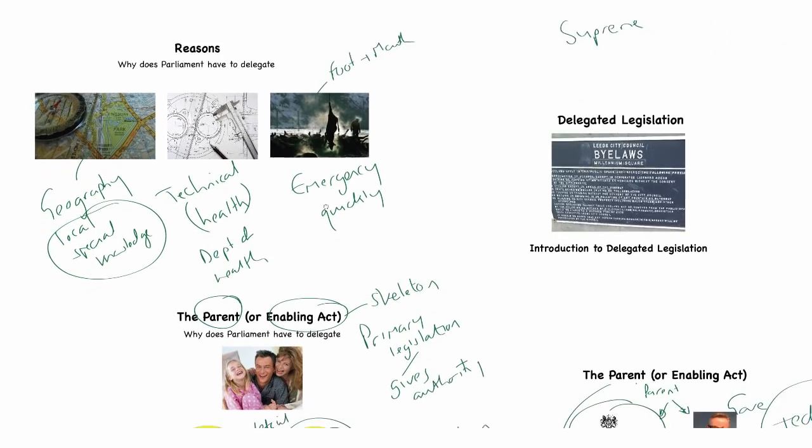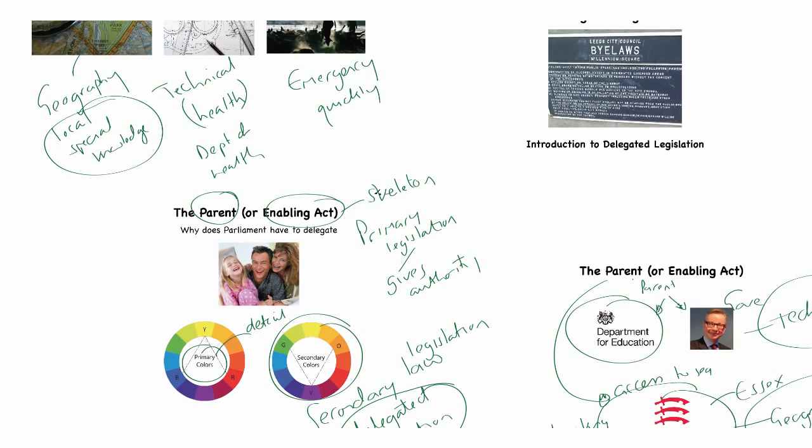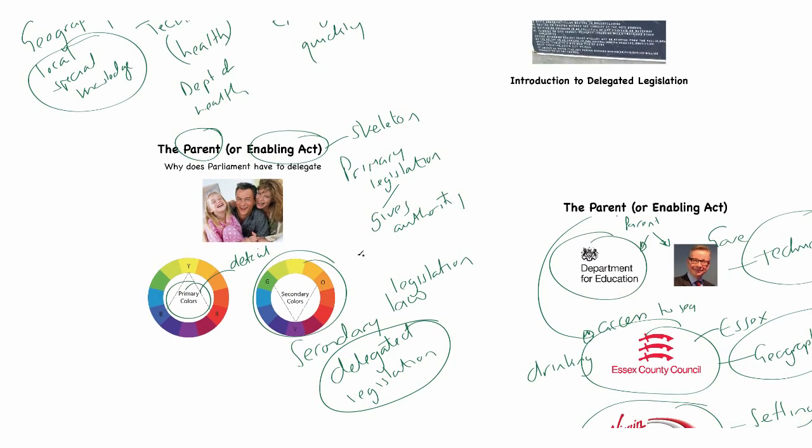But in order to do it, Parliament has to pass the skeleton, the Parent or the Enabling Act. And the Parent or the Enabling Act is known as primary legislation. And primary legislation gives authority to another body or a group of people to pass delegated legislation or secondary legislation.